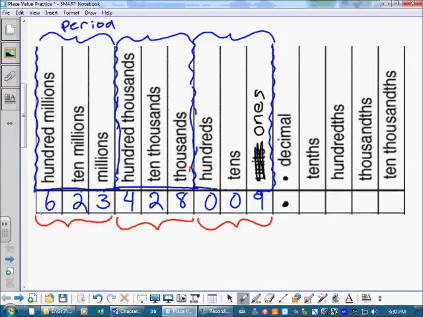I'm going to read this one first. 623,428,009. That's it. I'll read it one more time all together. 623,428,009. That's how we do it.